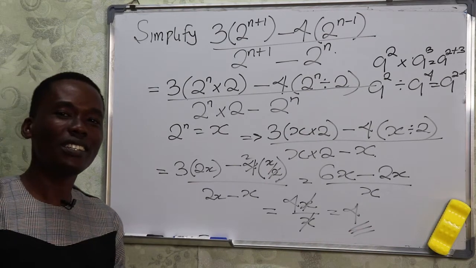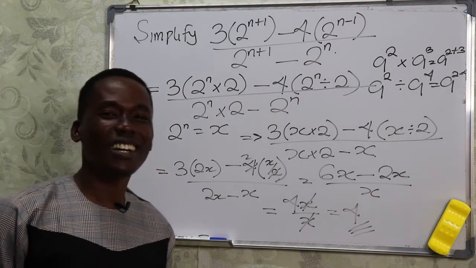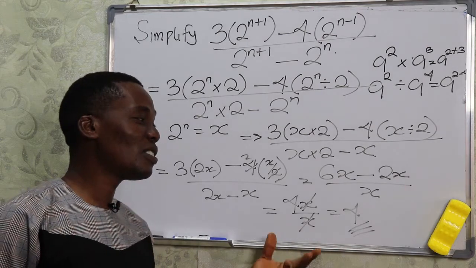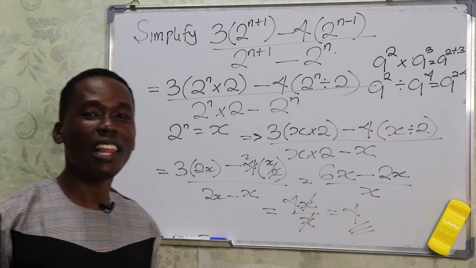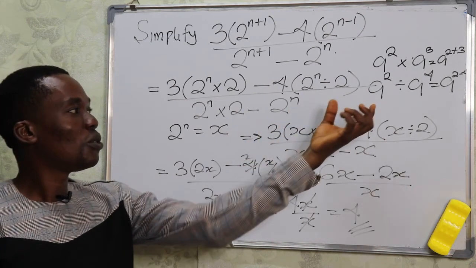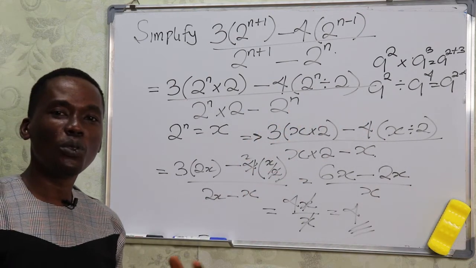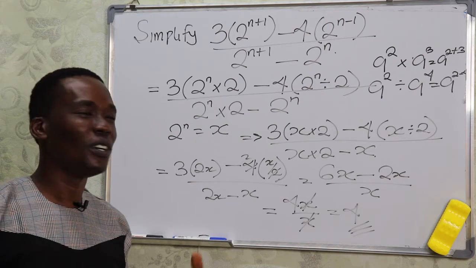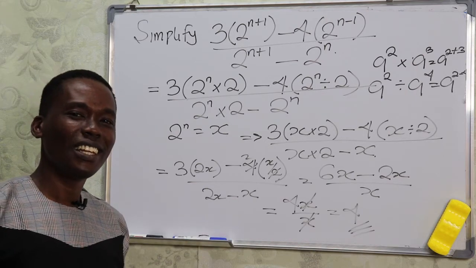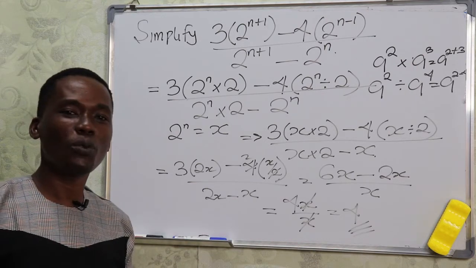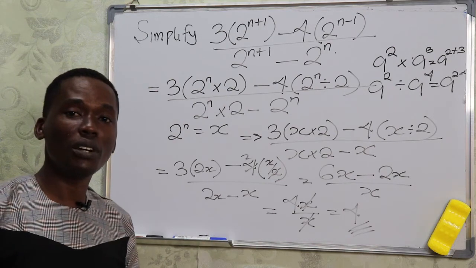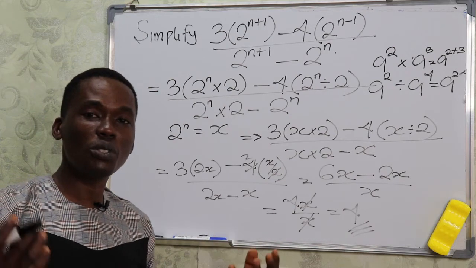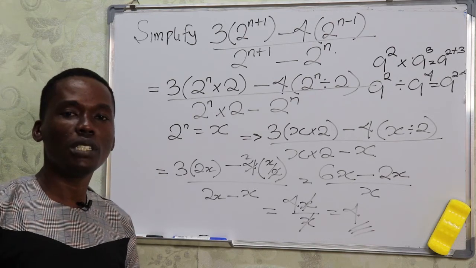Now you see how easy it is to solve this kind of question. You'll be given 40 seconds to solve these questions, and you can even solve in less than 40 seconds if you know the principles, the rules you must follow. I want you to practice this kind of question, because if you are taking JAMB, and WAEC also, they bring out this kind of question, you are going to see them in your objective questions.